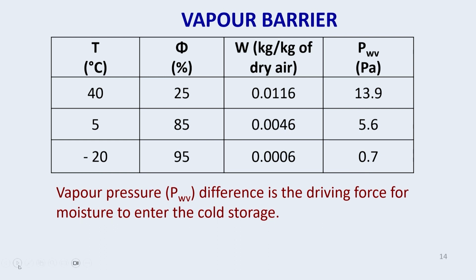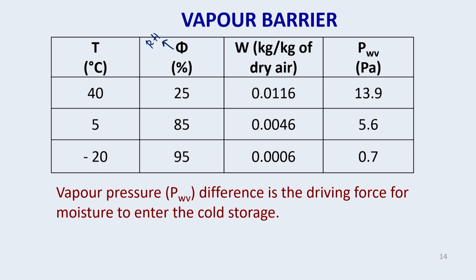Next one is the vapor barrier. It is a very important aspect which has to be considered while designing a cold storage. Here I have represented a table for various temperatures: 40, 5 and minus 20, with relative humidity in percentage.